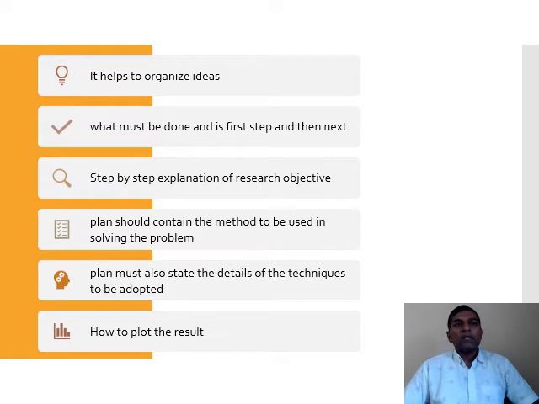Then step-by-step explanation of a research objective is also expected. How we are going to get the research plan is one thing. Second thing, at each step, what is the desired output? That also should be noted in stage 1, then stage 2, then stage 3, then 4, and so on.